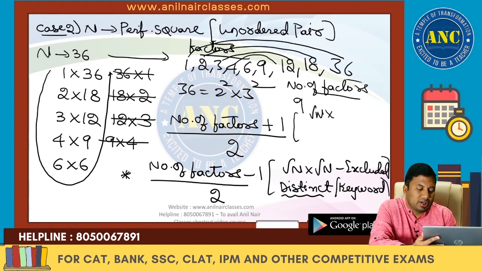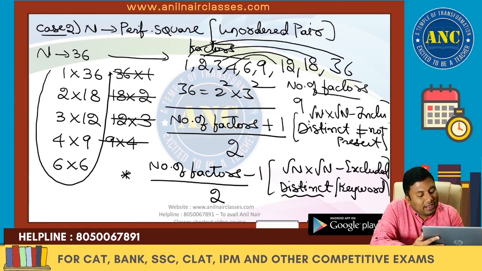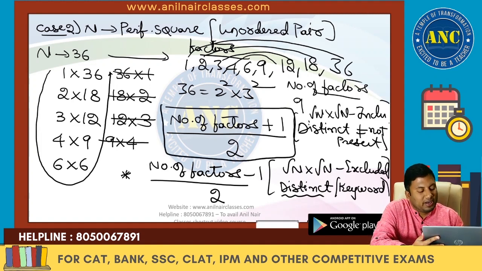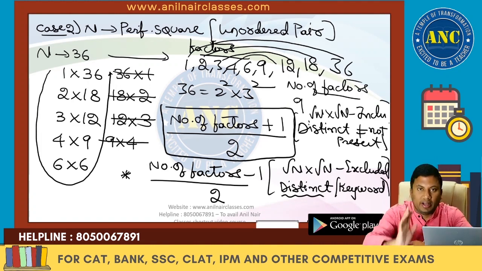If the distinct keyword is not there, we have to include root n into root n. Please understand the subtle difference, otherwise you might get a different answer. If the distinct keyword is not present, use (number of factors plus 1) by 2. If it is present, use (number of factors minus 1) by 2. I hope it is clear.